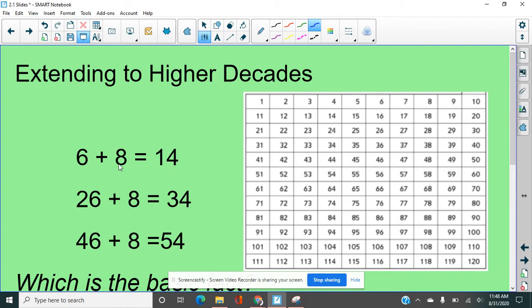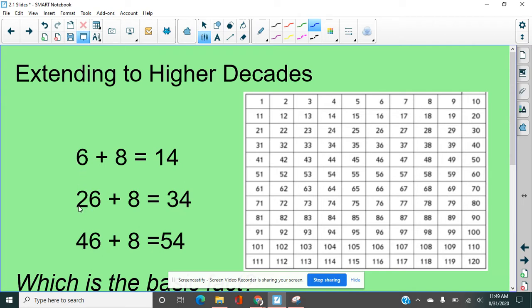So if you know your basic addition, 6 plus 8 equals 14. Well, then we can do 26 plus 8. So you know that 6 plus 8 is 14. So if you take 26 and add 8 more, then you know that you would be up to 34. How do you know that? Well, you're starting 20 higher than 6 plus 8.